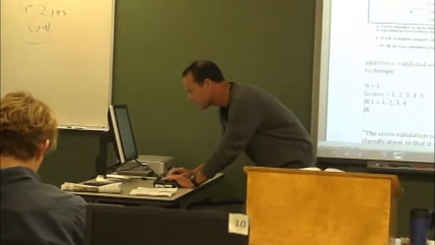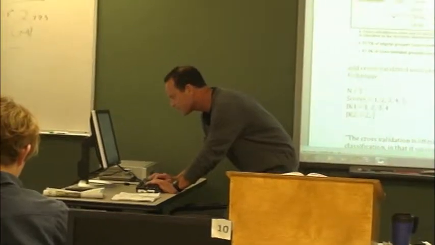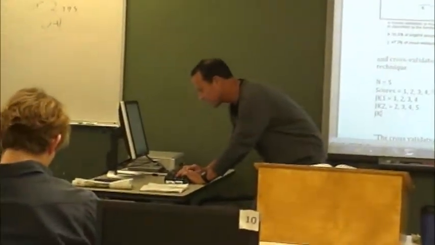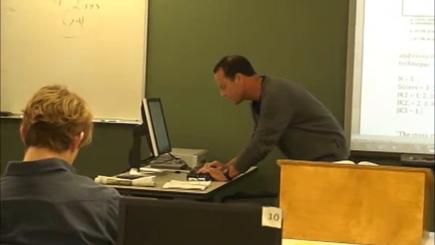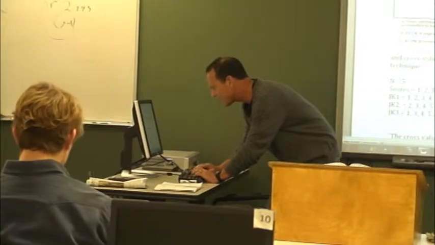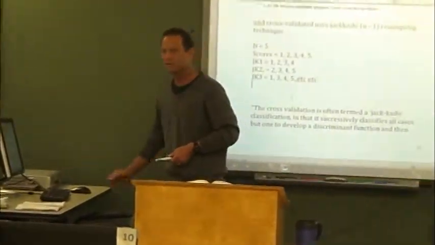Jackknife 2 equals 2, 3, 4, 5. Jackknife 3 equals 1, 3, 4, 5, etc., etc. Do you see what I'm getting at, everybody? Do you see how this works?